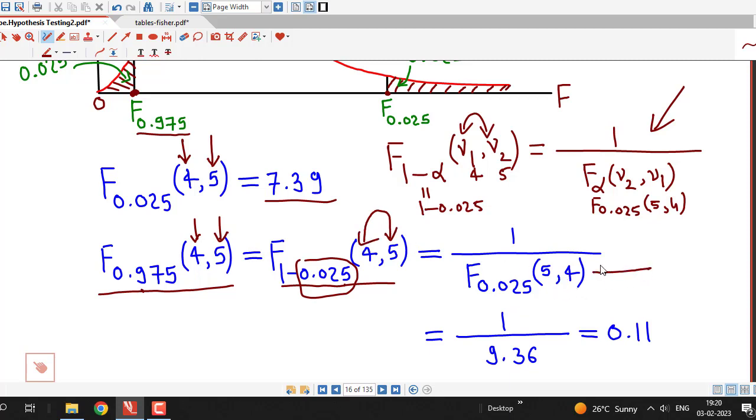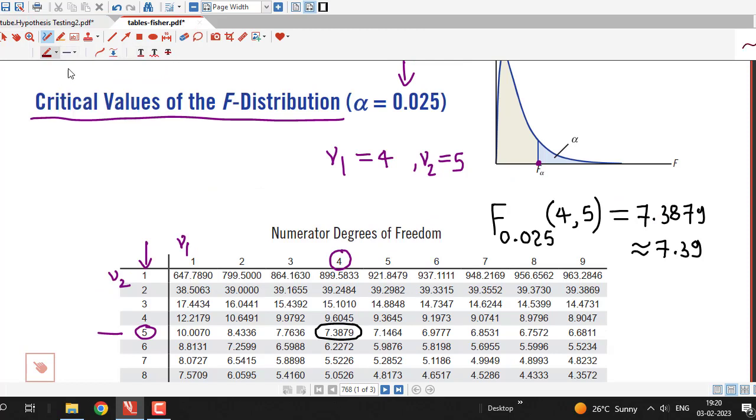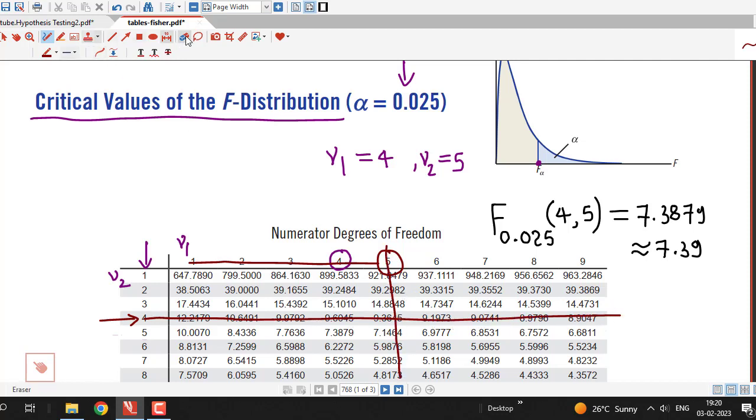I have to look for the F distribution with alpha equal to 0.025 and numerator and denominator degrees of freedom 5 and 4. Now I have to search for nu1 equal to 5, that is, I have to search below this column, and nu2, the denominator degrees of freedom, is 4, so I have to take the intersection of this row and this column, and write down the intersecting point.